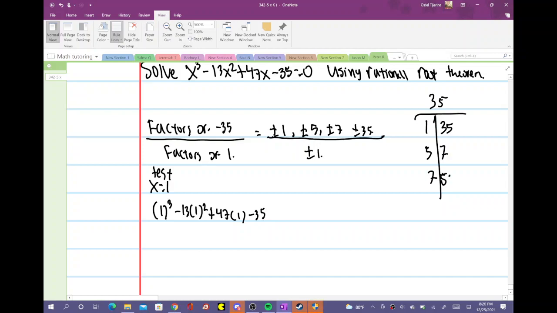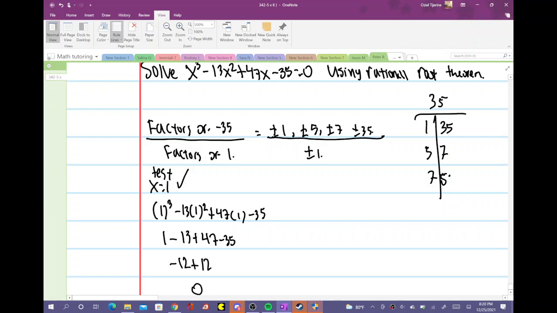So, basically, it's 1 minus 13 plus 47 minus 35. So this is equal to negative 12 plus, and then 47 minus 35 is 12, so that's 0. So 1 is a root, right?